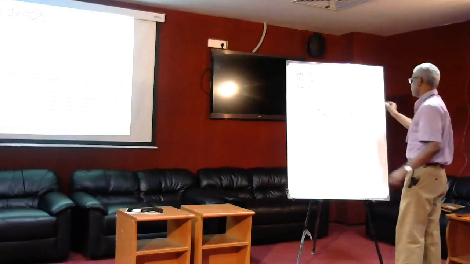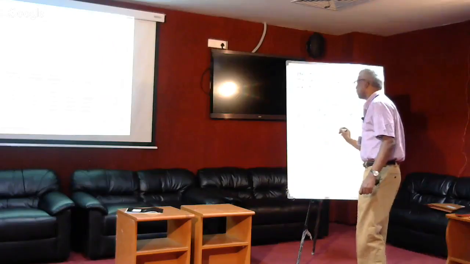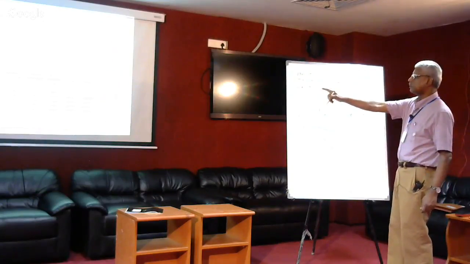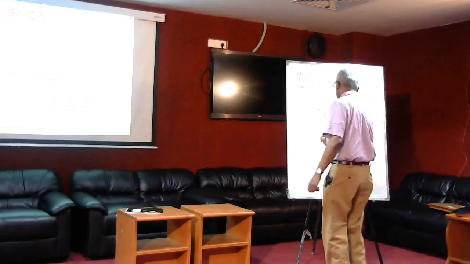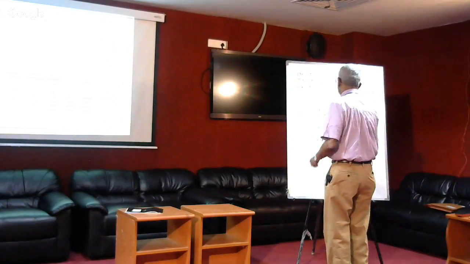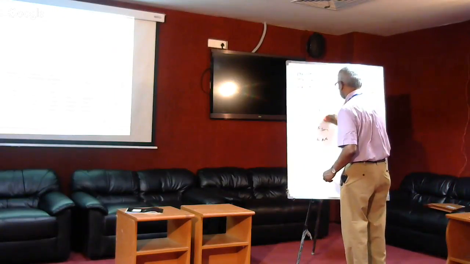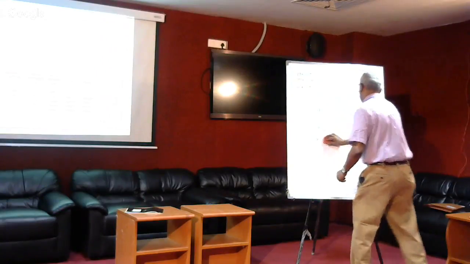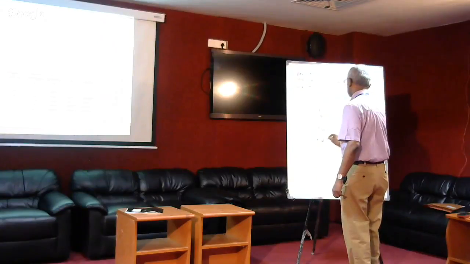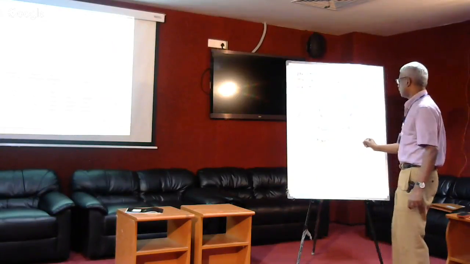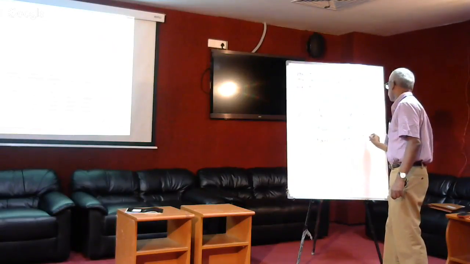YSO4 is 0.88, YNO3 is 0.12, XSO4 is, we found, 0.45, and XNO3, not N, nitrate, NO3, would be 1 minus 0.45, which is 0.55.